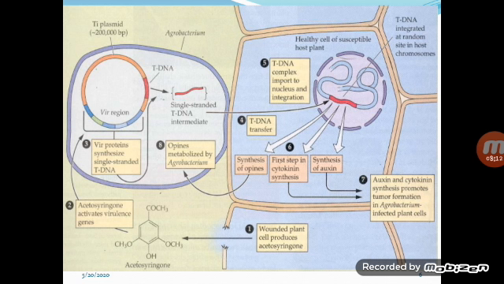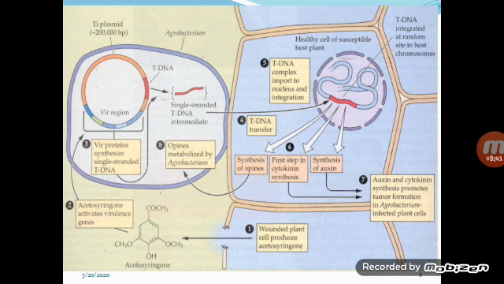the wounded plant cell produces acetosyringone, as we have talked about already. When acetosyringone is produced by the wounded plant cells, this phenolic compound enters the bacterial cell.